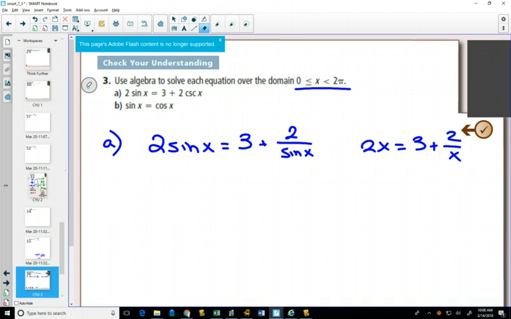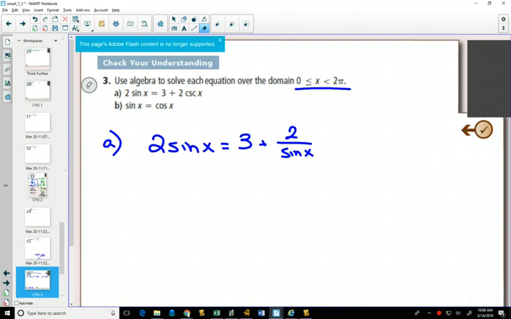Because that's a problem right now, solving this equation because we have an x in the denominator. Since it was a problem, we did something to get rid of that. What's the opposite of divided by x?